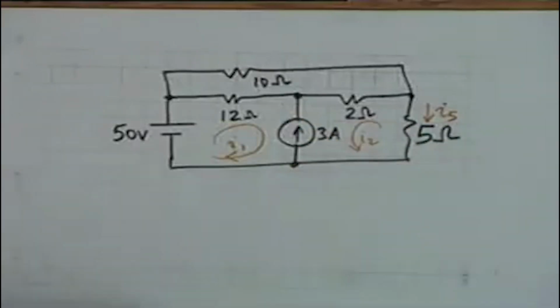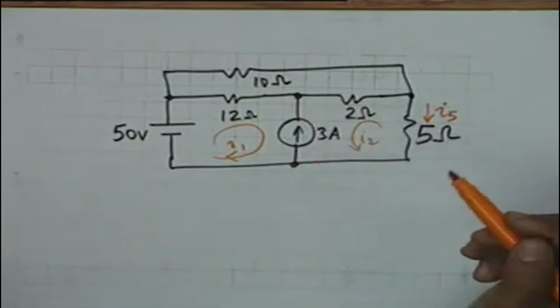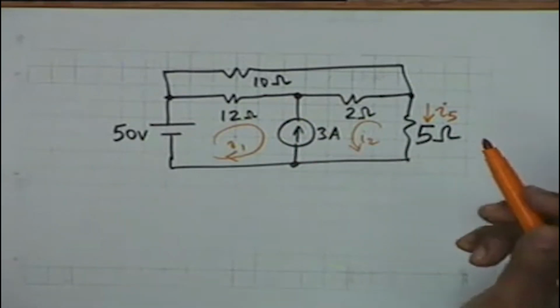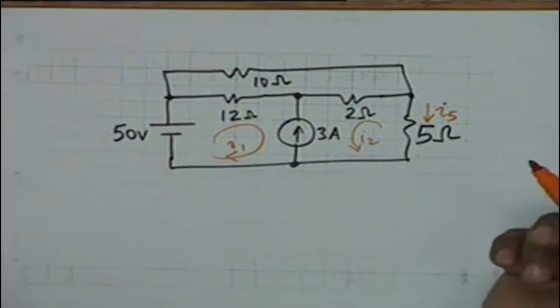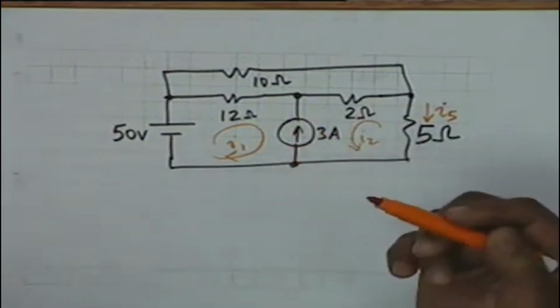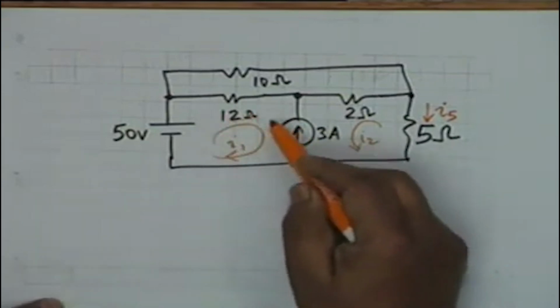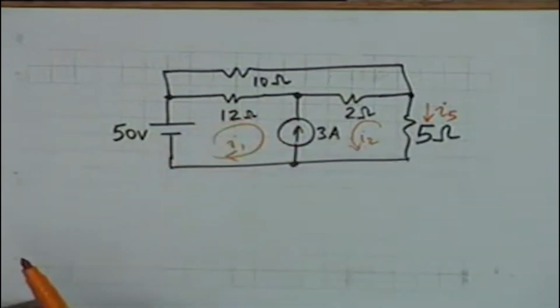However, do you know the voltage difference across this? You don't. You don't know the voltage across the 3 ampere source, because a current generator can deliver a constant current irrespective of the drop across this, and the drop across this cannot be determined by simply looking at the current generator, and therefore you cannot write a loop equation, you cannot write a KVL around this loop.